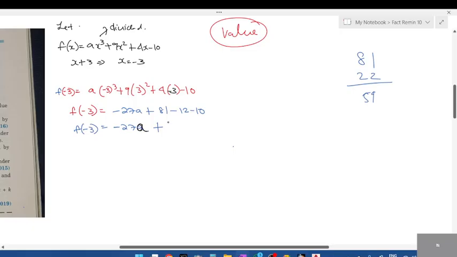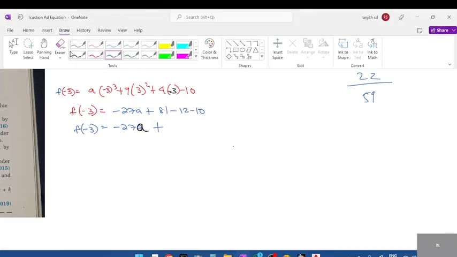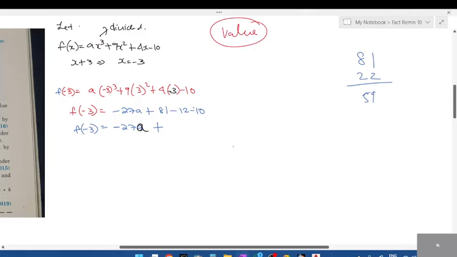Write it again. 20. See, the method, everything is right, students. I went wrong somewhere in this plus and minus. Minus 10. Minus 12. 9 nines are 81. 81 minus 22. Correct, 59. So what's the answer, Charisha?